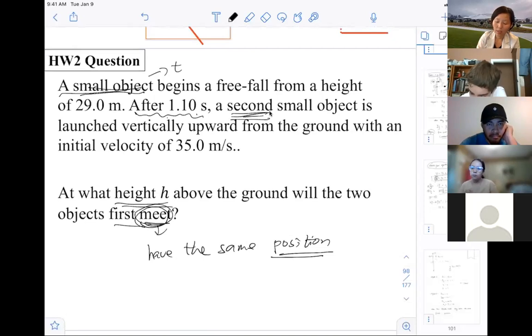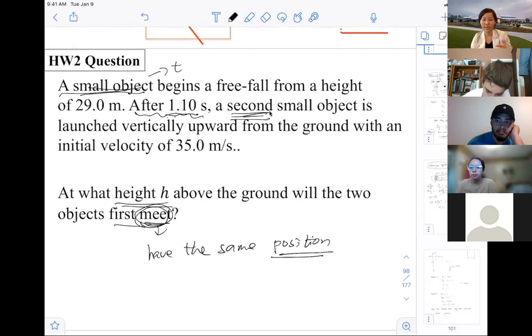But the second object is launched after the first object, about 1 second later. So the total time the second object travels upward will be less than the total time the first object traveled. That's why it's t minus 1.1. The time it takes for the second object to travel is less. So that's why I put t minus 1.1 there.